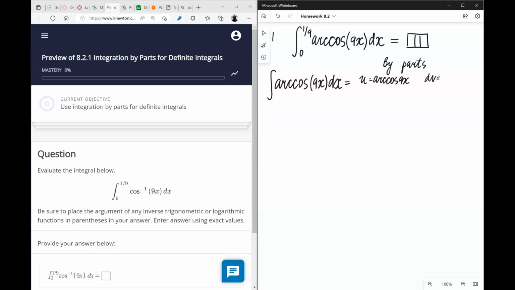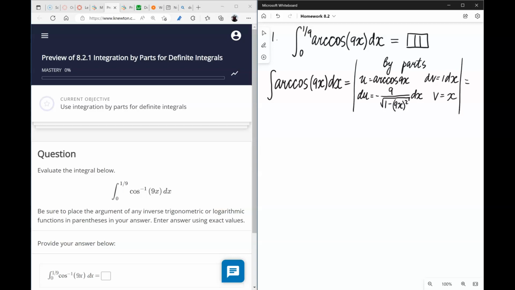My dv will be 1 dx, so that my du is going to be negative 1 over square root of 1 minus 9x squared. This is just the chain rule, and we multiply by the derivative of 9x, which is 9. And to find v, we just integrate that, so v is x.